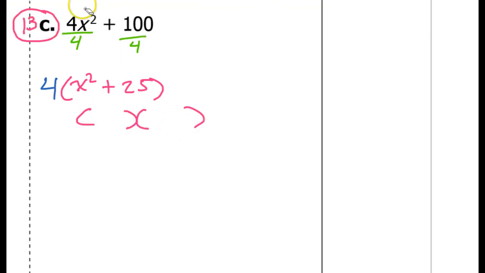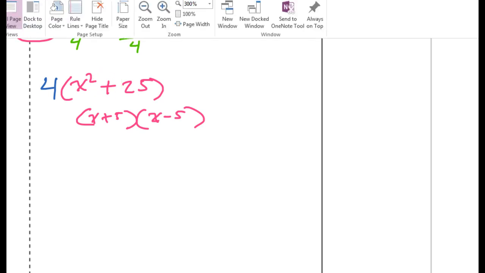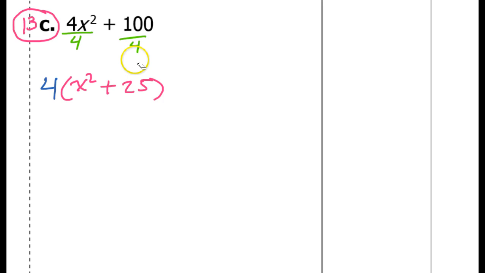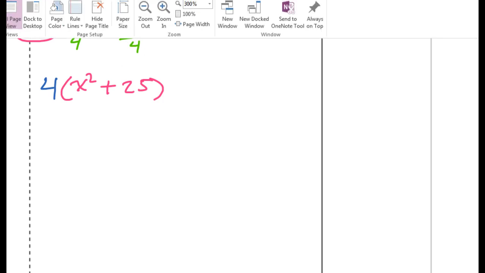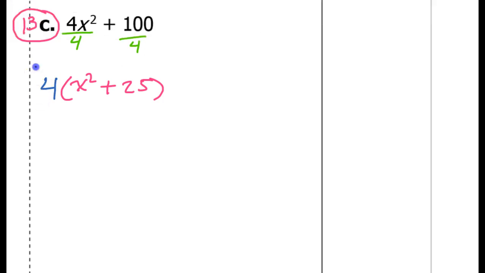Well, if this had been minus 25, then this would be the difference of squares, and I would go x plus 5 times x minus 5. But this was not minus 25. This was plus 25. This is not the difference of squares. This is the sum of squares. And the sum of squares cannot be factored, which means this is the final answer.